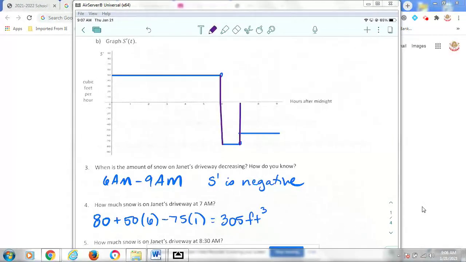All right. So if I wanted to find the area of that big rectangle, I would do the base times the height, which is going to be 50 times 6, or 300 is that area. And then same thing for the second rectangle, base times height is going to be 75 times 1, or 75.